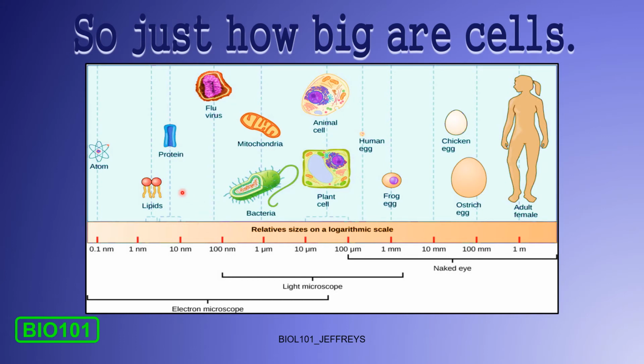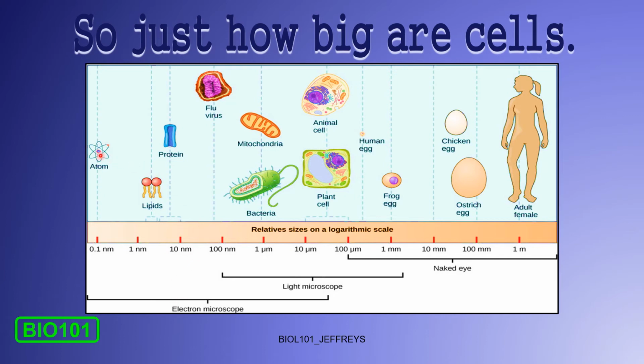All right, here are lipids, as in phospholipid bilayer, around 1 to 2 to 3 nanometers. Very tiny, can only see those with an electron microscope.